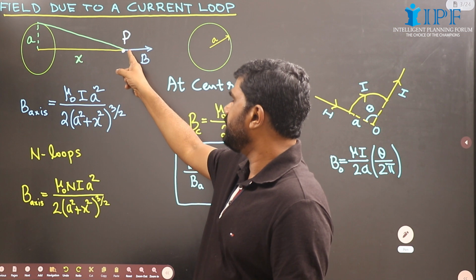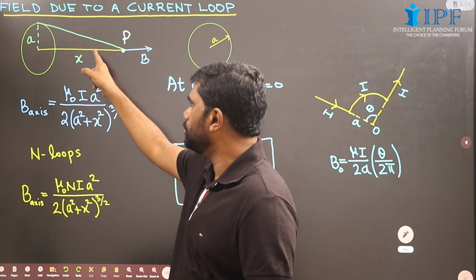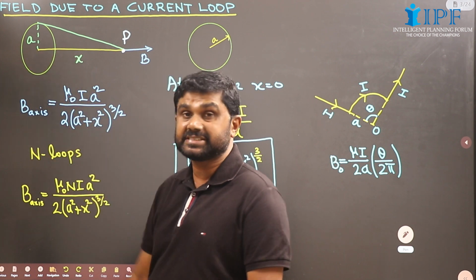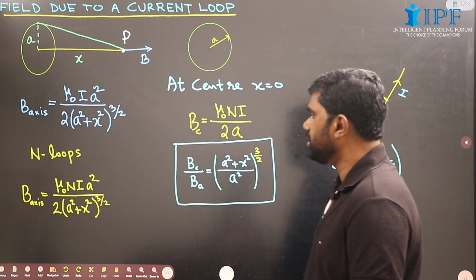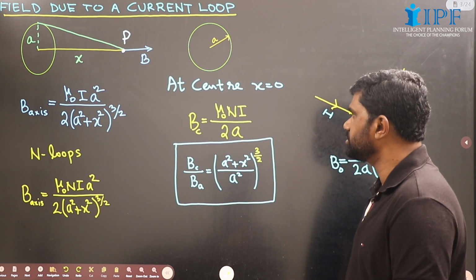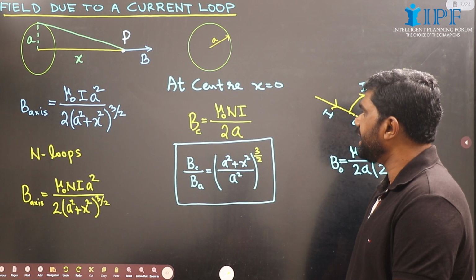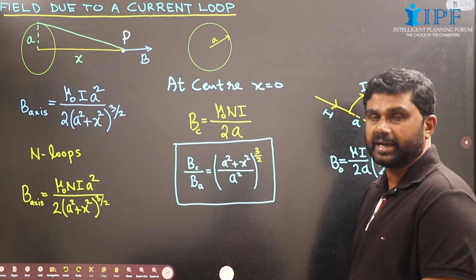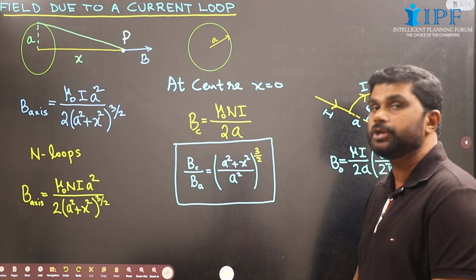Then we have to reduce this one, so x goes on decreasing, and at the center the value of x will be 0. So at the center x equals 0, and the magnetic field intensity at the center is equal to mu 0 N I divided by 2a.